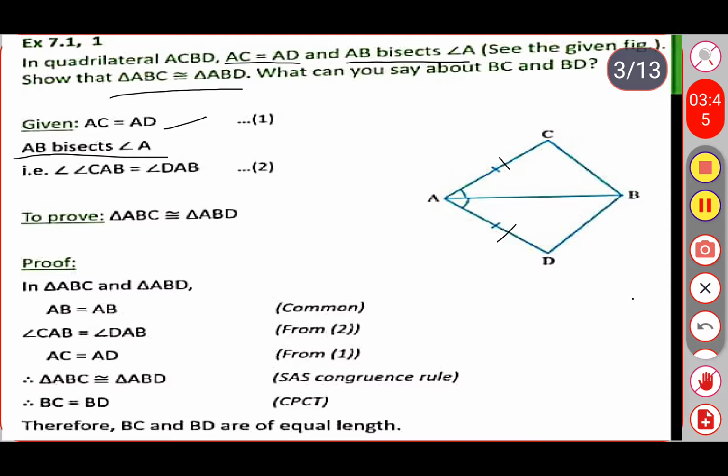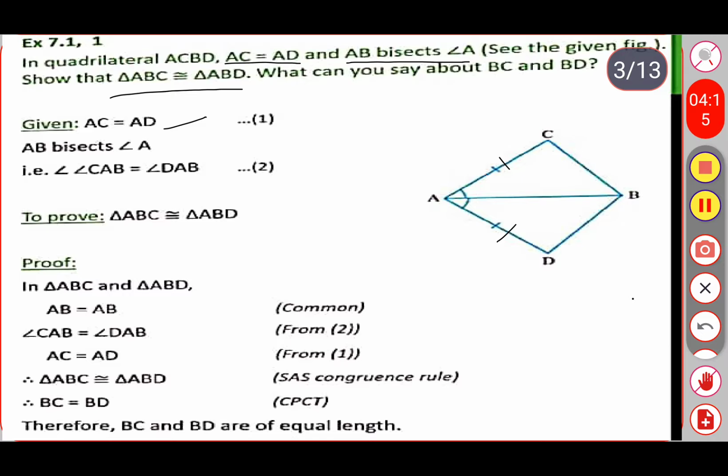So what do you have to prove here? You need to prove that triangle ABC is congruent to triangle ABD. It means the upper triangle is congruent to the lower triangle, right? We already have two triangles here, and we need to compare them.